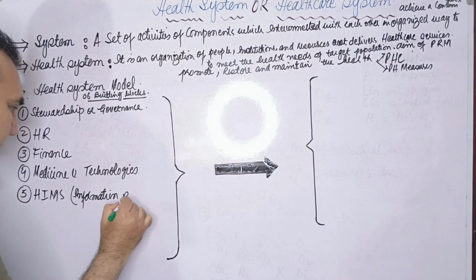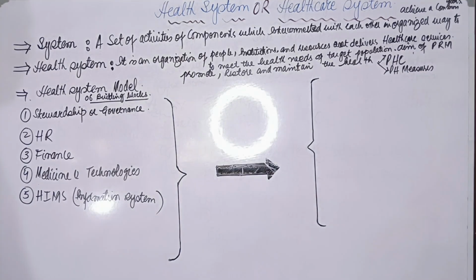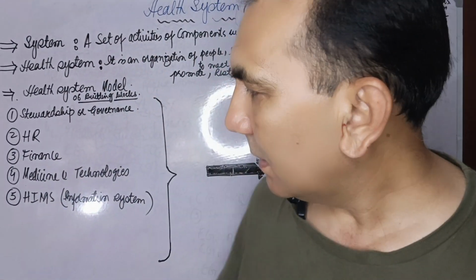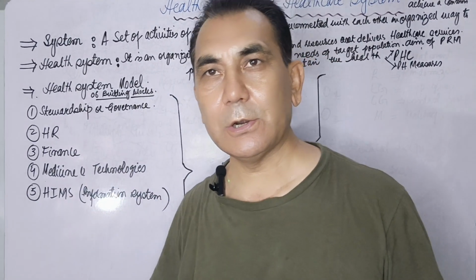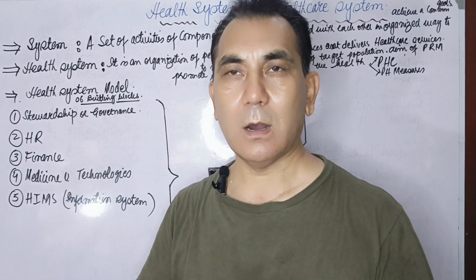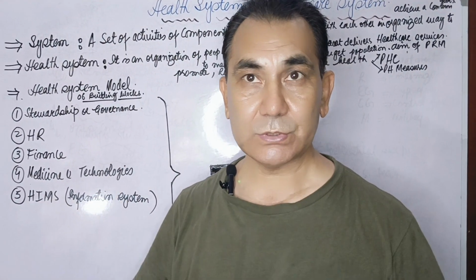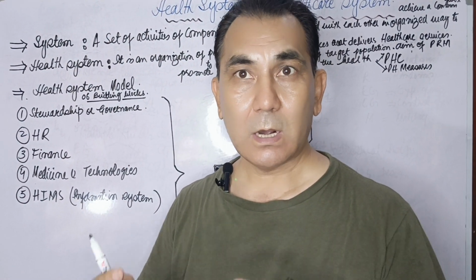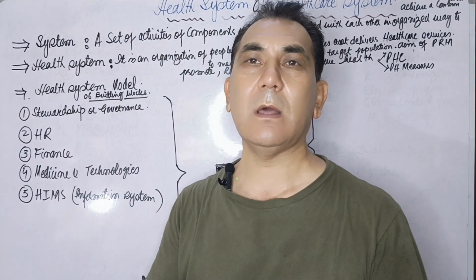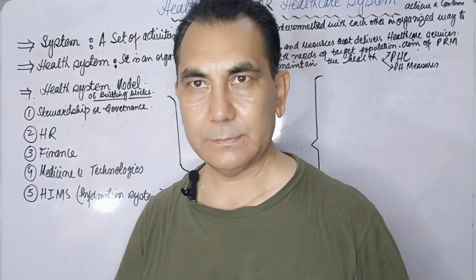This is another very important building block of the healthcare delivery system. Without proper data or information, you cannot allocate resources. With robust data and evidence, you can allocate the resources appropriately.